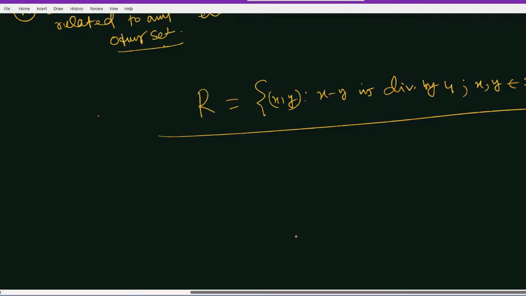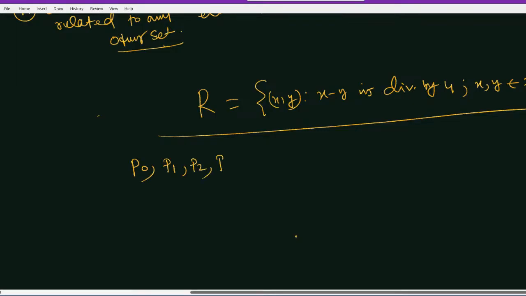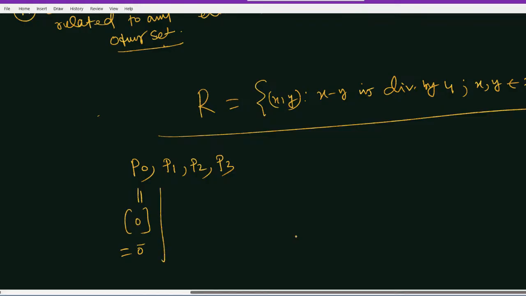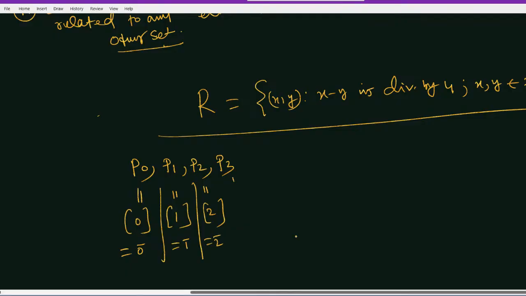So how many equivalence classes will be there? 4. P0, P1, P2, P3. This you can write as 0 or 0 bar, 1 or 1 bar, 2 or 2 bar, 3 or 3 bar. Okay?